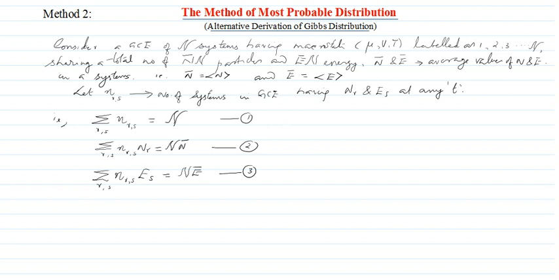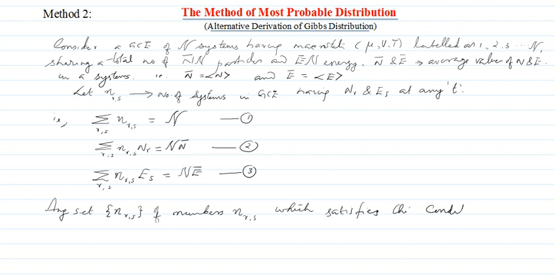So we can just define a set. So any set n, I'm writing the set of all n values of numbers n_rs, any set n_rs of numbers which satisfies the conditions 1 to 3, or which follows the constraints.